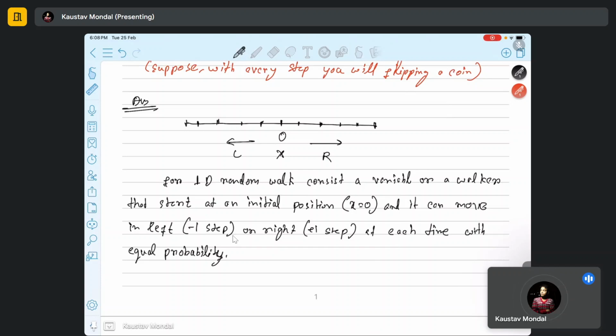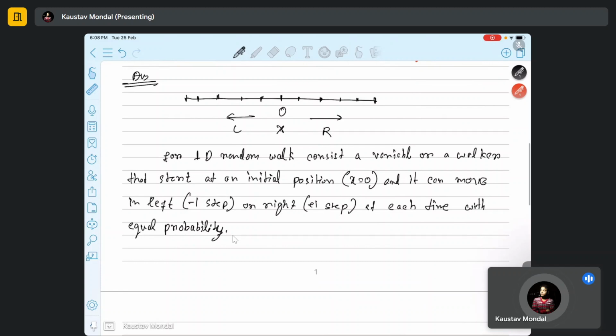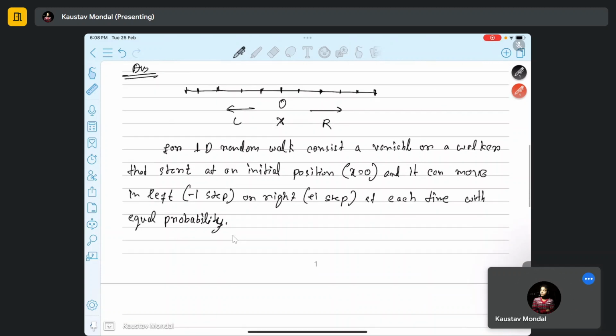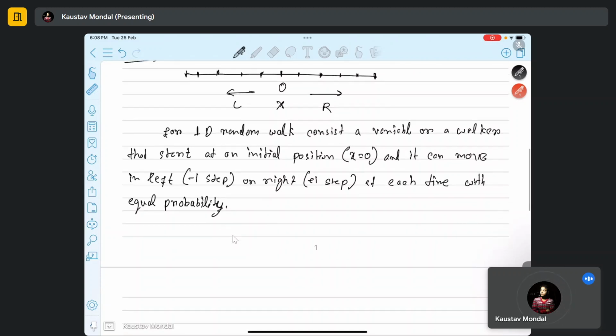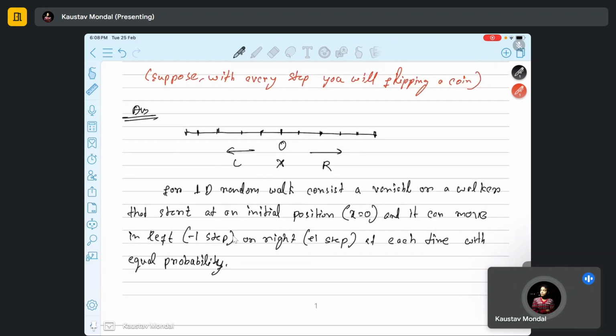Equal probability will be the case only when the random walk is not biased. If it's a biased random walk, then a specific direction will get a higher probability. For this problem we only consider unbiased random walk.